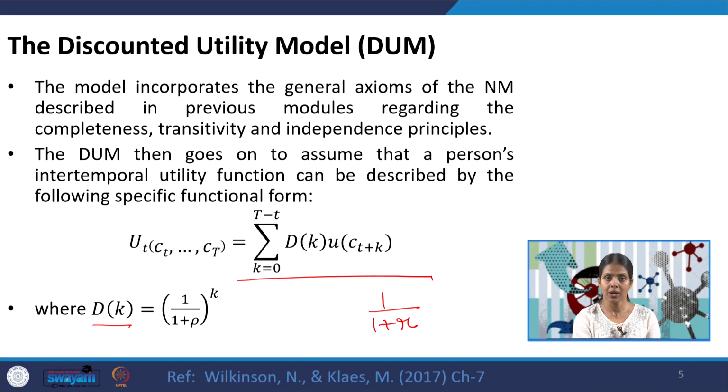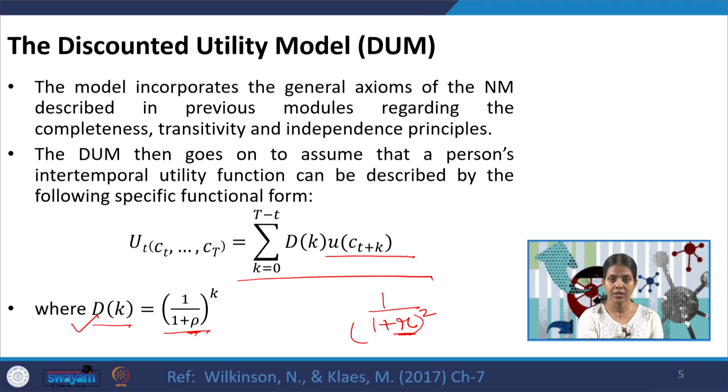This was for one period. For two periods that would be 1 upon 1 plus r raised to the power 2. In a similar fashion we have here 1 upon 1 plus rho raised to the power k. R is replaced by rho. We call it the discount factor.